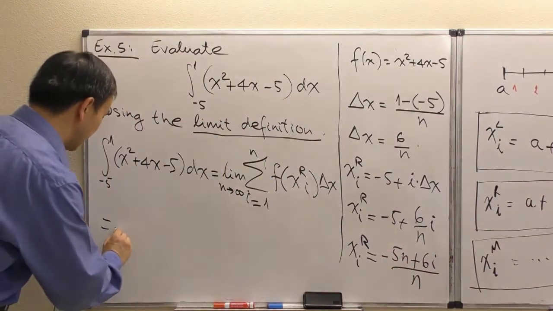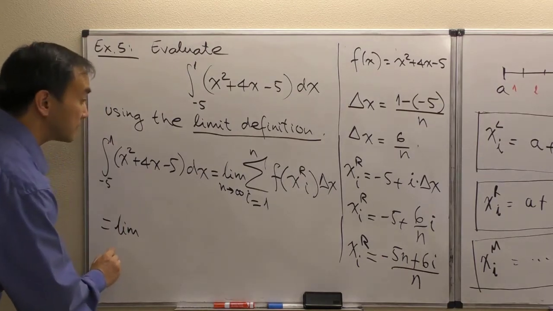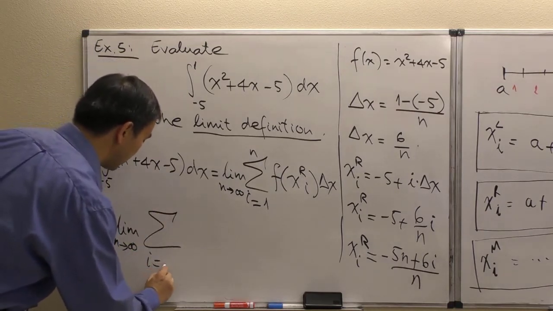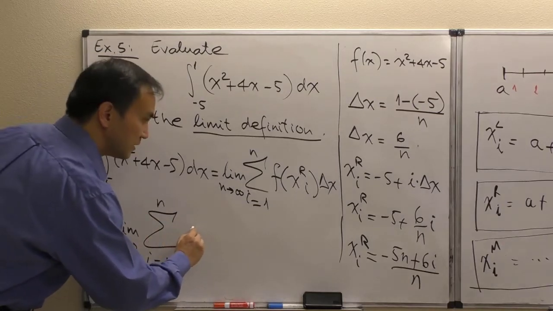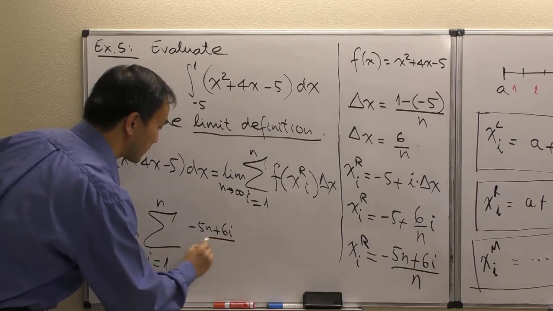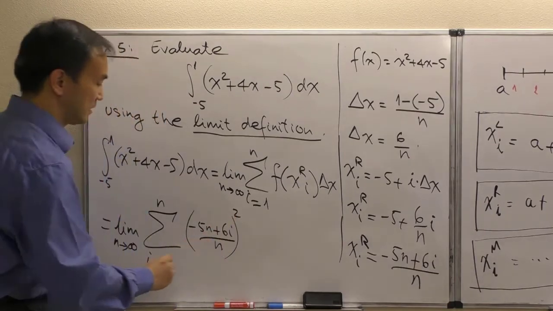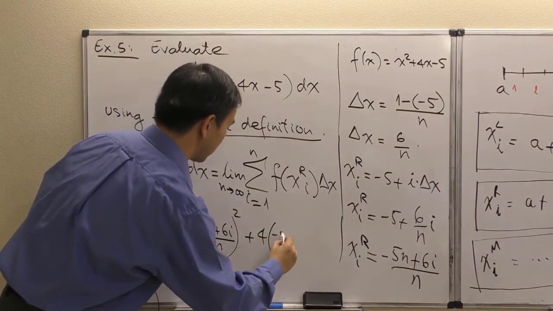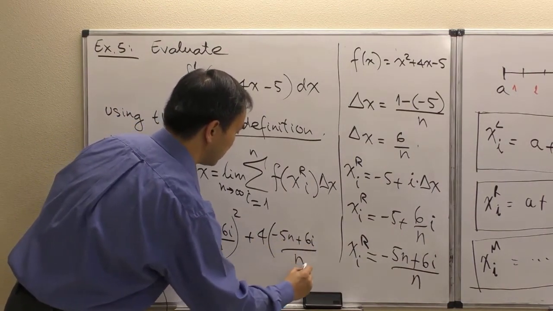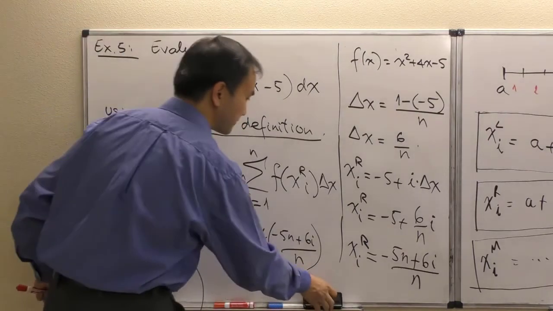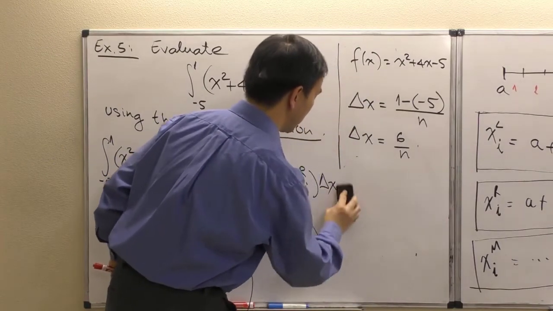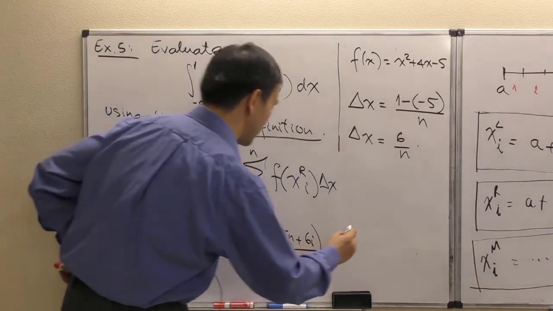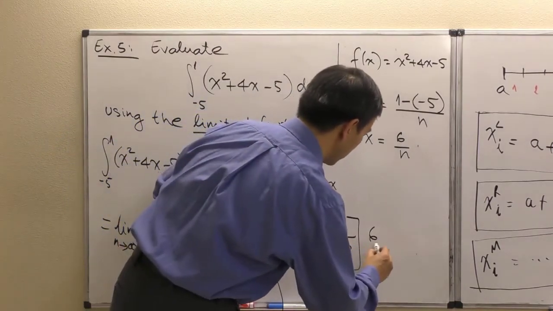So now I'm looking at the limit as n goes to infinity of the summation from i equals 1 to n of (-5n + 6i) over n, all squared, because that first term is squared, plus 4 times (-5n + 6i) all over n, minus 5, all of that multiplied with delta x being 6 over n.